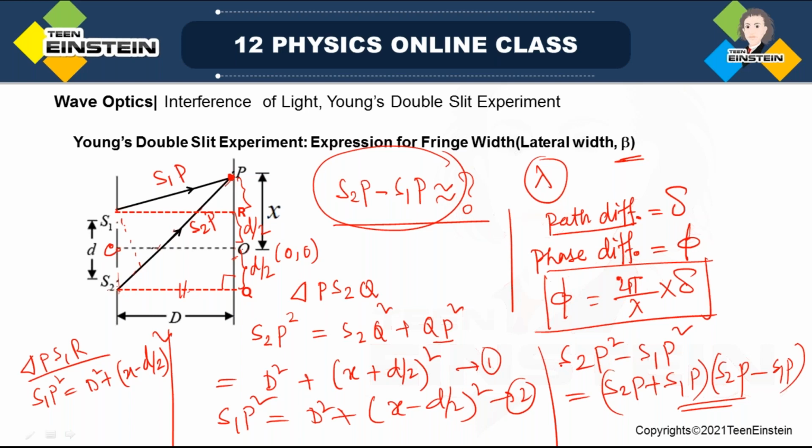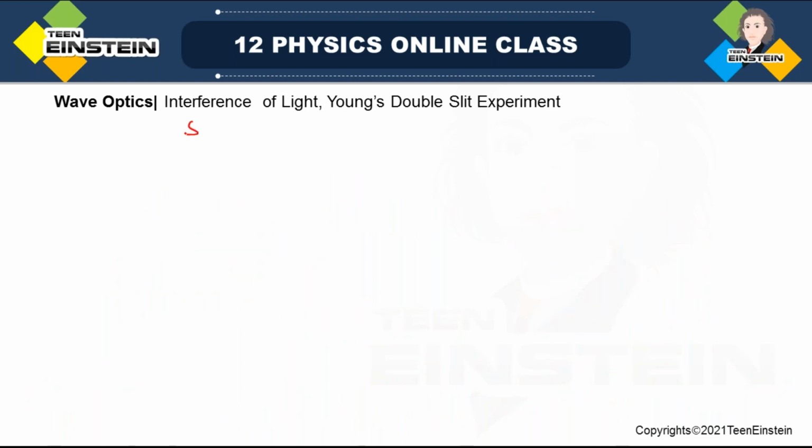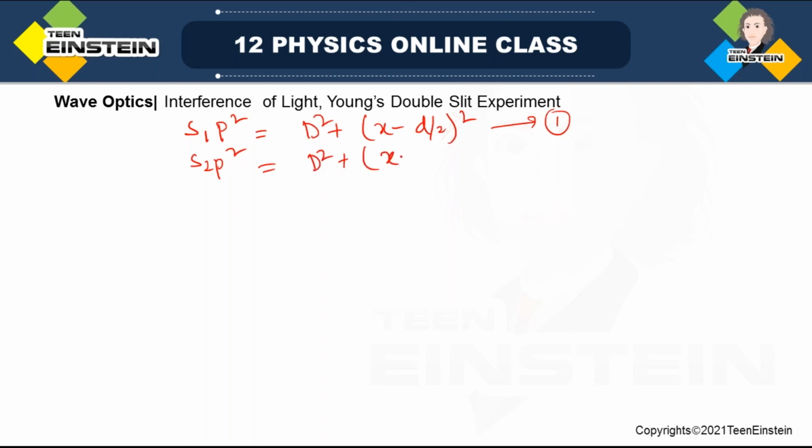So S1P square is D square plus X minus D by 2 whole square, and S2P square is equal to D square plus X plus D by 2 whole square.